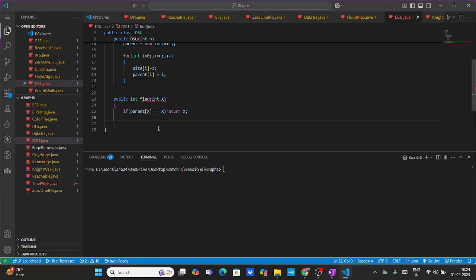So if parent of x equals to x, return x. Otherwise, int representative equals find of... think and tell me.